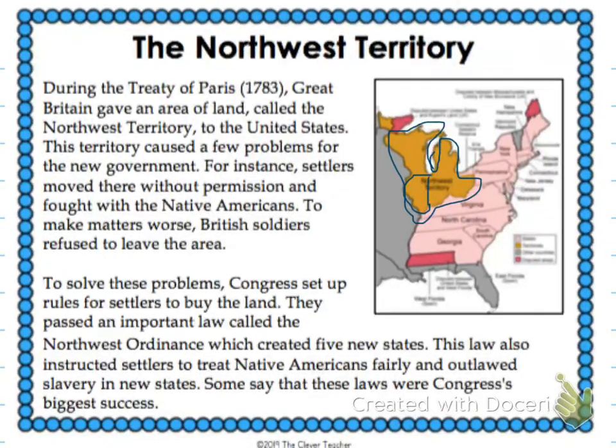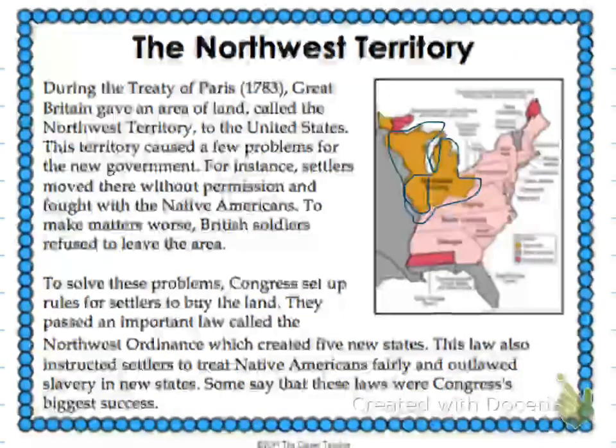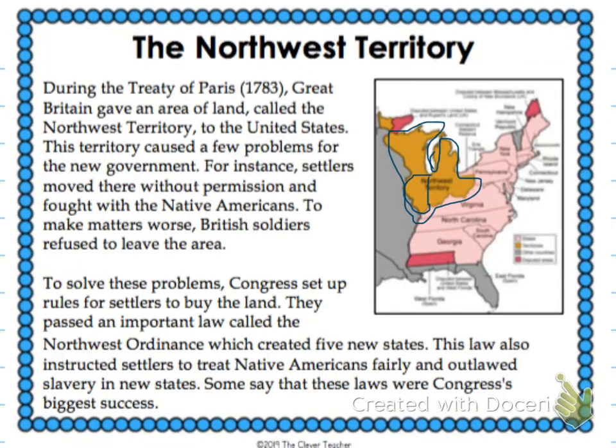To solve these problems, Congress set up rules for settlers by buying the land. They passed an important law called the Northwest Ordinance, which created 5 new states. This also instructed settlers to treat Native Americans fairly and outlawed slavery in new states.